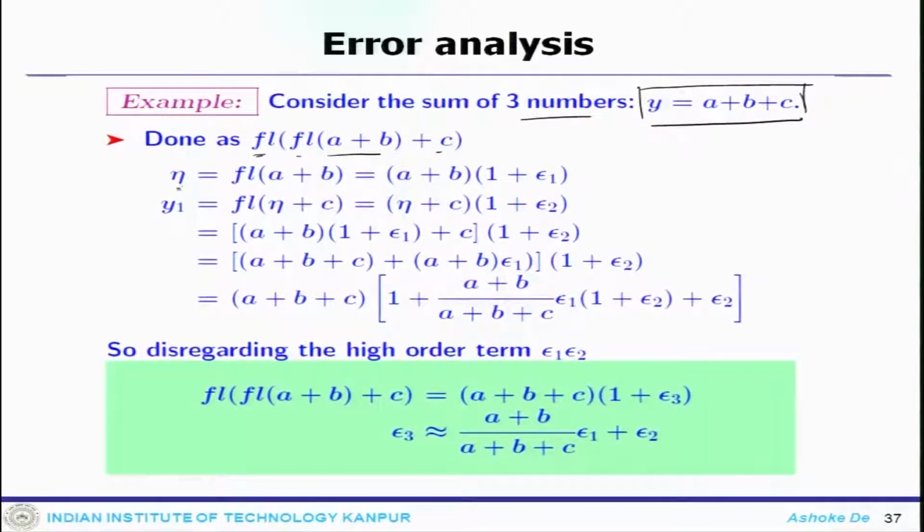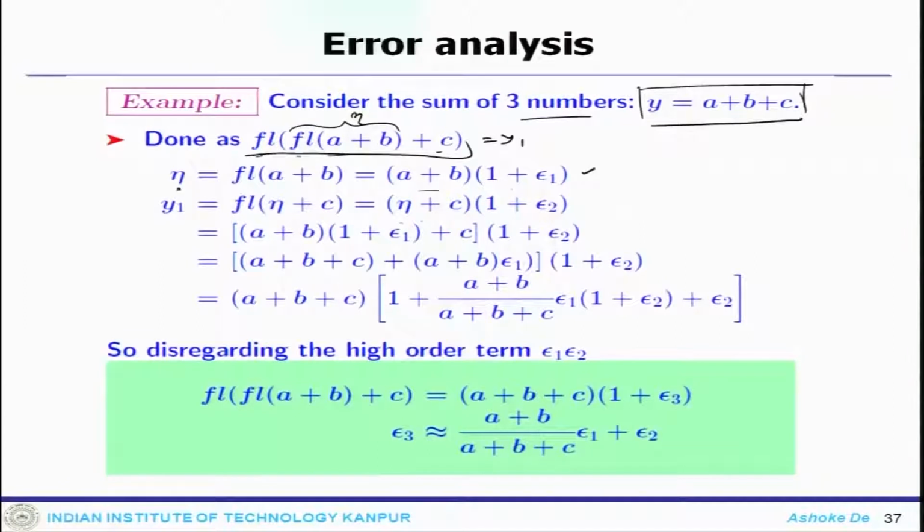So eta equals floating point of a plus b, which is equivalent to (a plus b) times (1 plus epsilon 1). Now y1 is floating point of eta plus c, which is the total component.